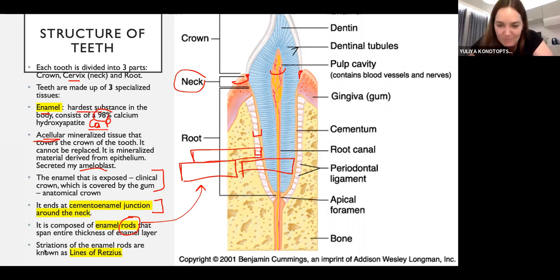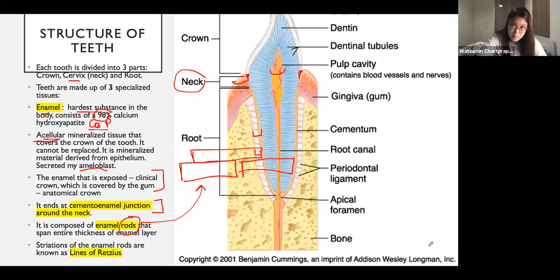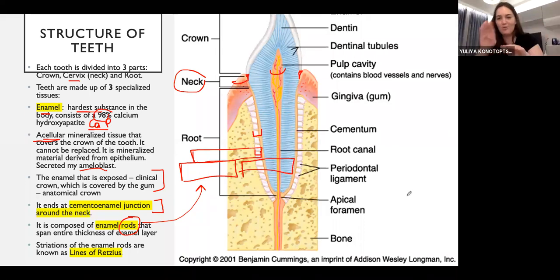I want to make enamel. So what am I making first? Rods. Very good. What is the shape of the enamel rod? Keyhole shape. What am I doing to those enamel rods? I keep on putting them on the top of each other until I fully made enamel. I am born, I'm growing up, somebody takes my tooth and slices it up.